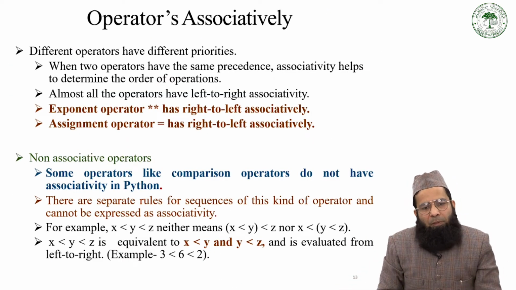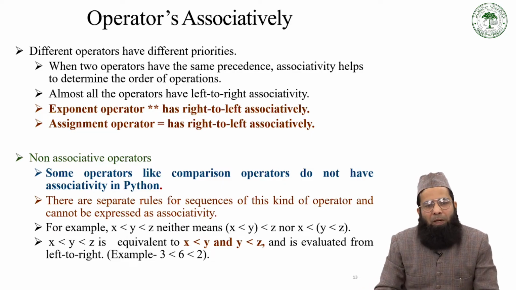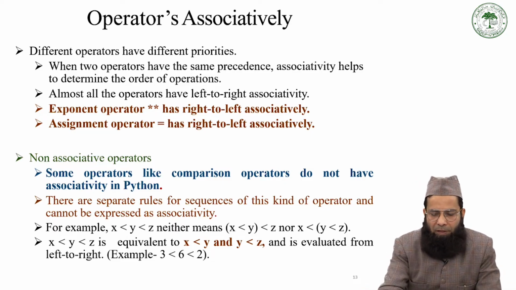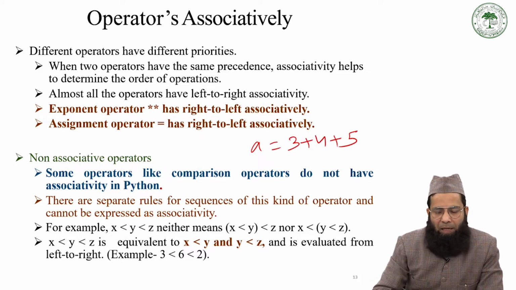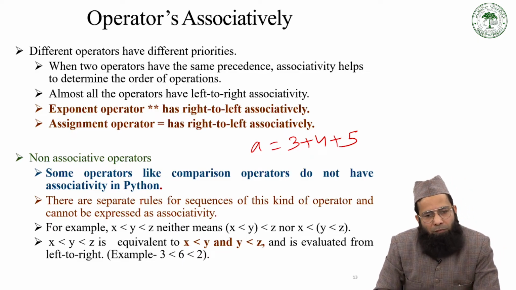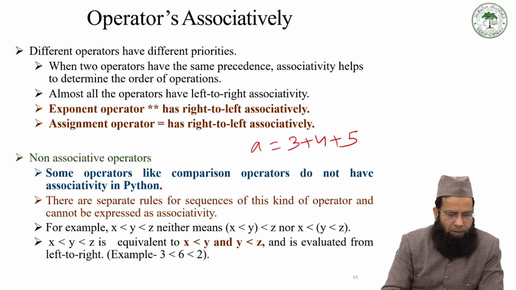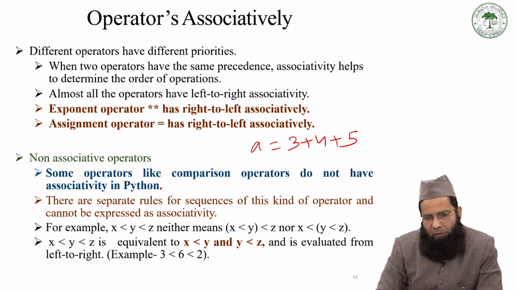Now suppose there is one more case. If several operators of the same precedence are there in an expression, let's say A is equal to 3 plus 4 plus 5, there are 2 addition operators. Which should be executed first? In this case of plus, it will not matter which one executes first.